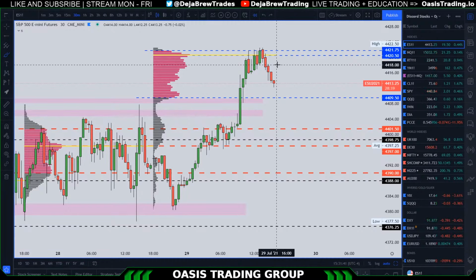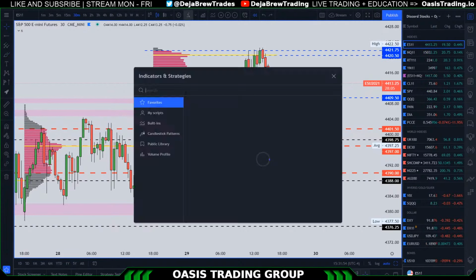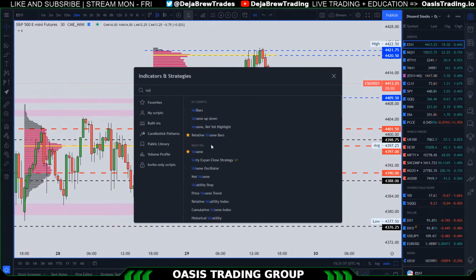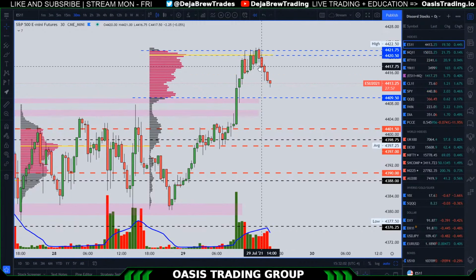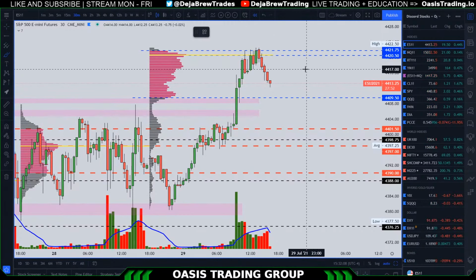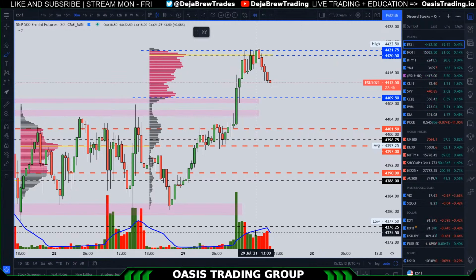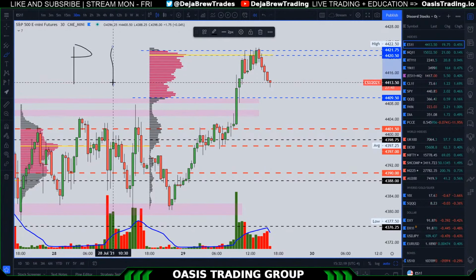Now, there's not a whole lot on the volume profile itself that can give you those great entries. It's mainly just reading candlesticks and kind of how the actual volume is coming in. So like if I were to turn on regular volume here, what would be very indicative that would tell you to kind of sell the highs here is if you had a gravestone doji or a shooting star doji or any kind of obviously bearish candlestick with good volume, then you could start to reversal trade the capital P shape or the lowercase b shape.